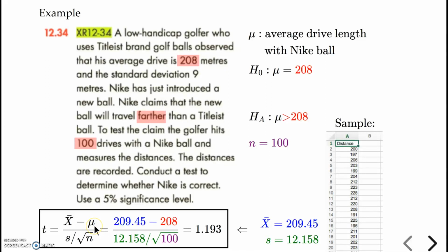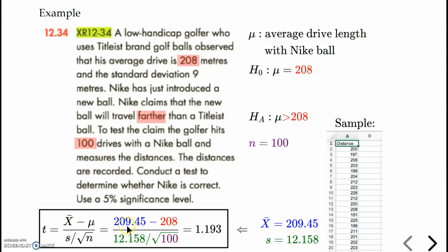And you all know that we calculate this test statistic assuming that the null hypothesis is true, right? So what we have in the null hypothesis is that mu is equal to 208. We calculate the test statistic with the information available to us.